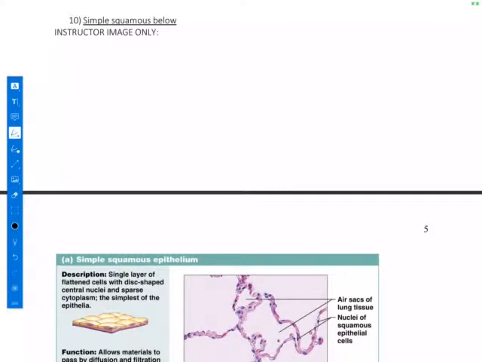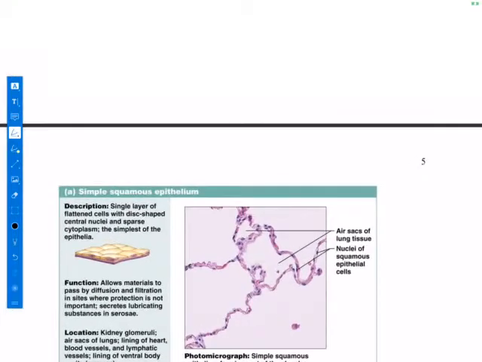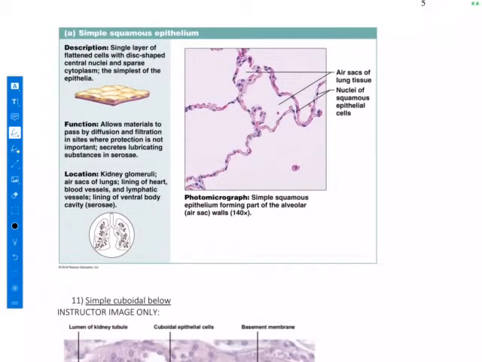So now I wanted to go through and just briefly talk about each of the major types of epithelial tissue, and we'll start with the squamous ones. We'll start with the simple ones. This is a simple squamous, which means it's got one layer. It's a flat cell, like is shown here.